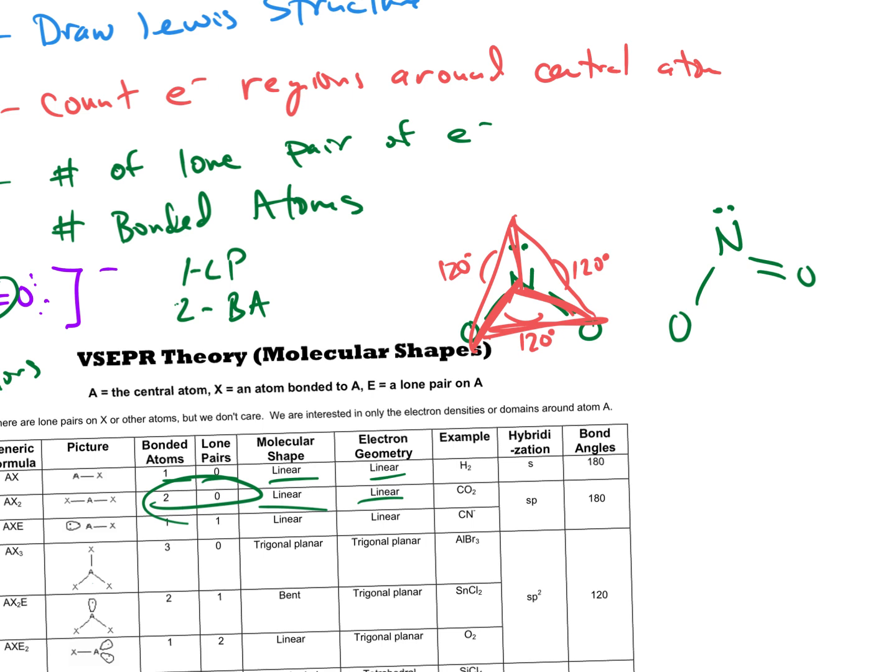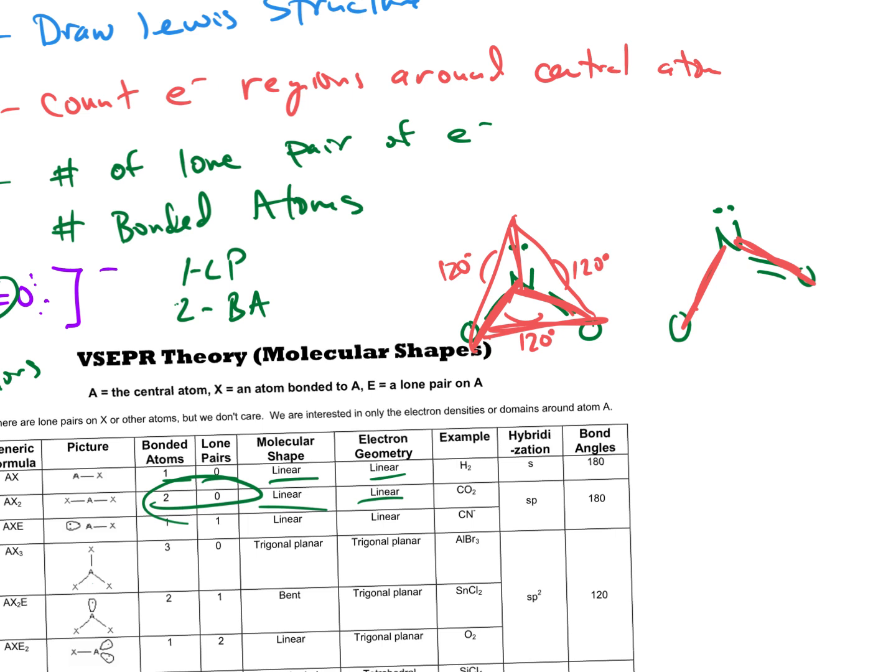That's trigonal planar. Looks like a triangle, all in the same plane. Are we good? That's electron geometry. If instead we just look at the bonded atoms, what does that look like?